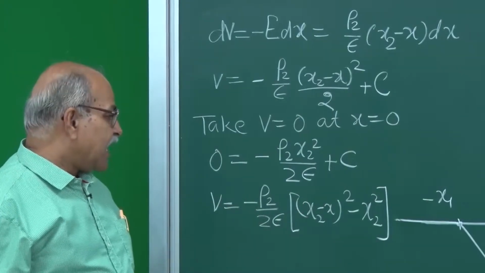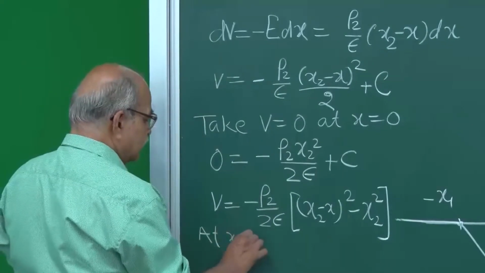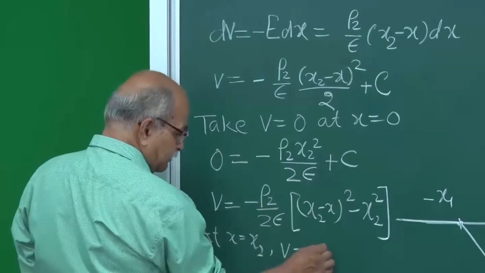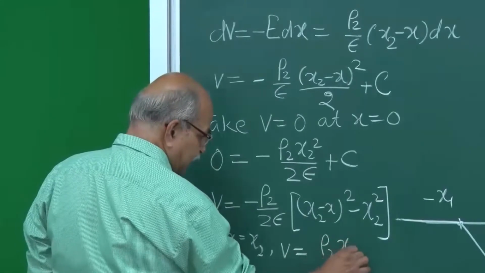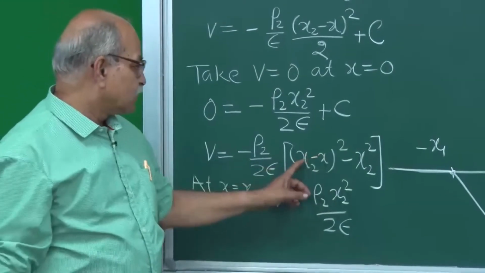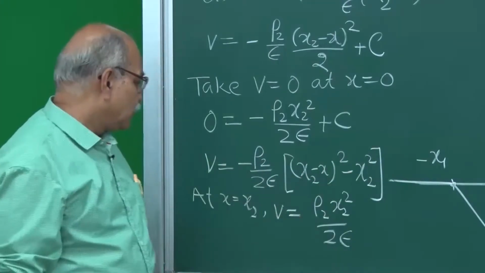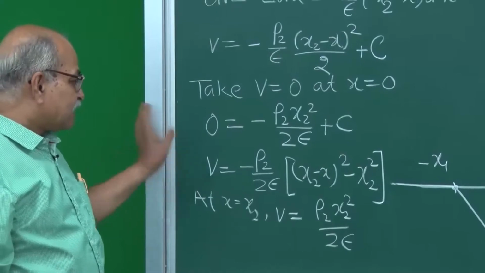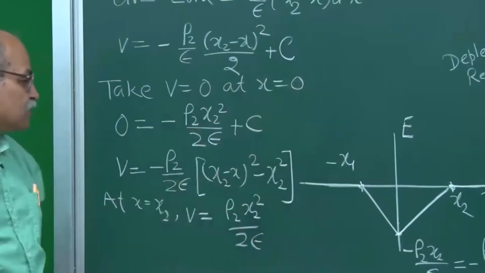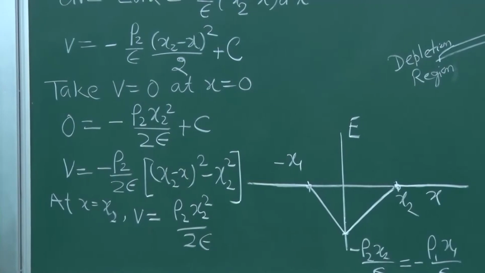And what is V at x2? At x equal to x2, the first term goes out, so it will be rho 2 x2 square over 2 epsilon. You put x equal to x2, so this is 0, and this is plus rho 2 x2 square by 2 epsilon. It's a quadratic function. It should be: if the electric field is linear, then the potential has to be quadratic. So if you plot, how will it look?